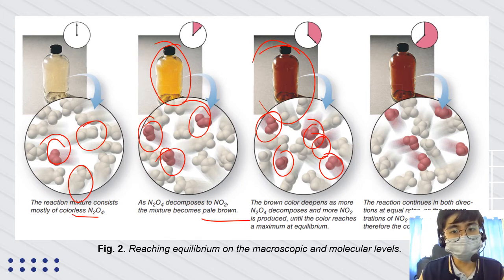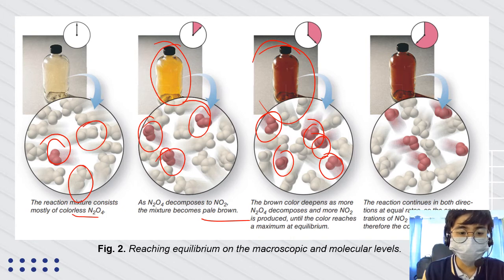As the reaction progresses, the decomposition of N2O4 slows down as the number of the molecules decreases. The reaction continues in both directions at equal rates. So the concentrations of NO2 and N2O4 and also its color no longer change.